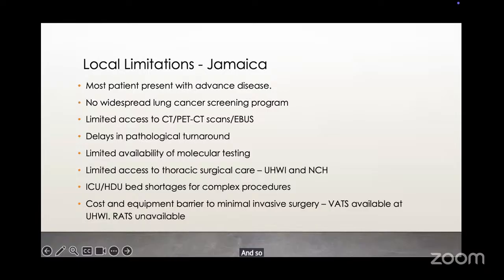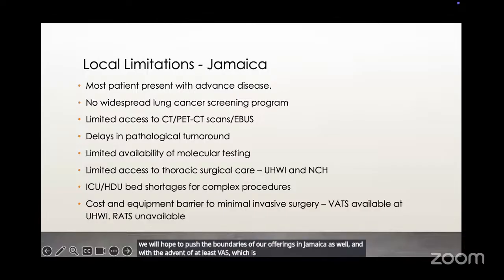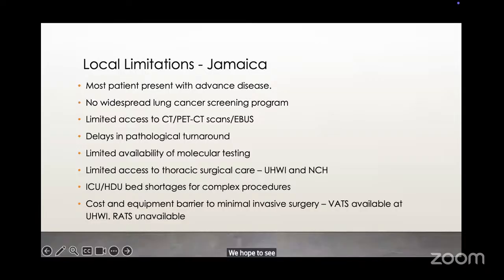And so as we push the boundaries for surgery internationally, we will hope to push the boundaries of our offerings in Jamaica as well. With the advent of at least VATS, which is now available at UWI and soon to be available at National Chest, we hope to see a push towards a significant increase in the number of minimally invasive procedures done for patients with lung tumors and resectable lung cancer.